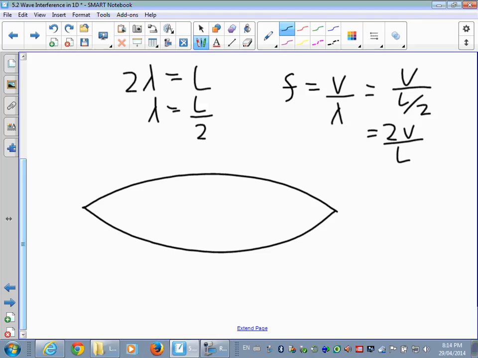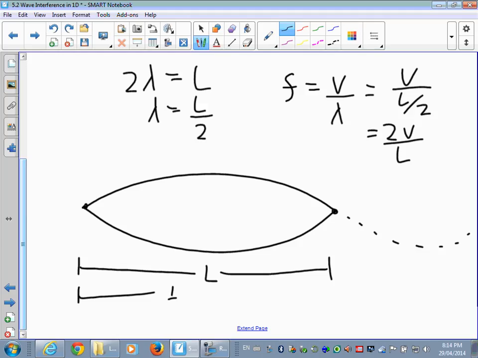So again, the length of the string is still L. Now, how many wavelengths are in that particular length? Notice that it's not a full wavelength. You would have to keep going. So that's only half a wavelength in between this point and this point. So here is half a wavelength.